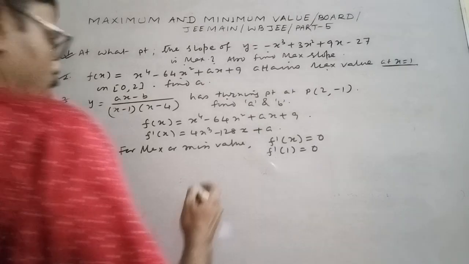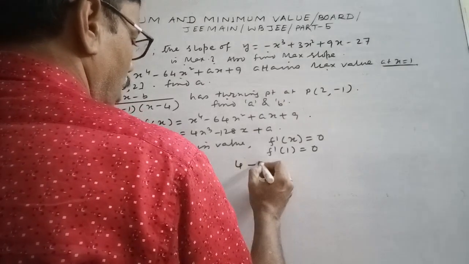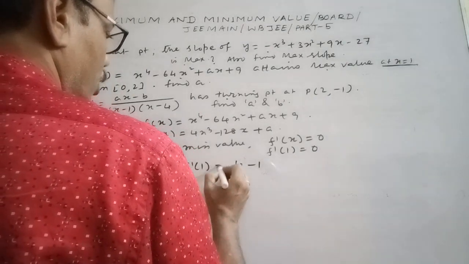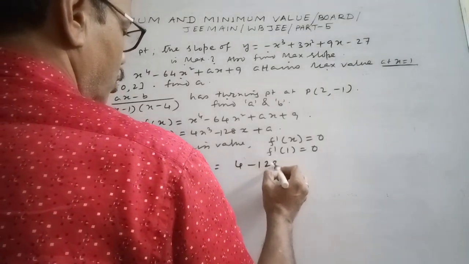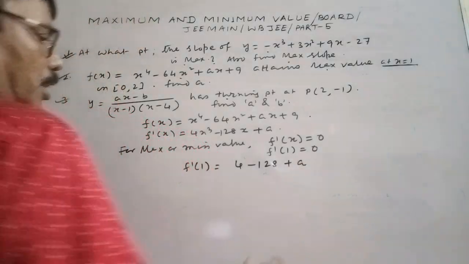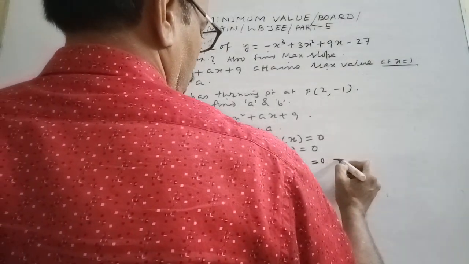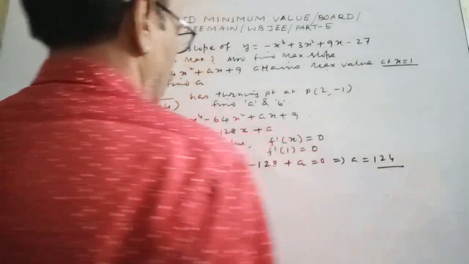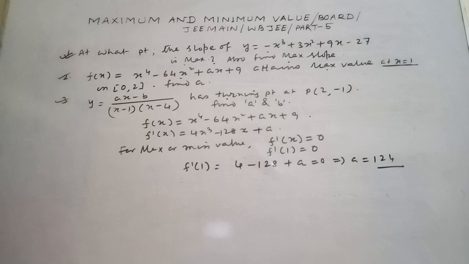So what is f dash 1? f dash 1 equals 4 minus 128 plus a equals 0. So a equals 124.